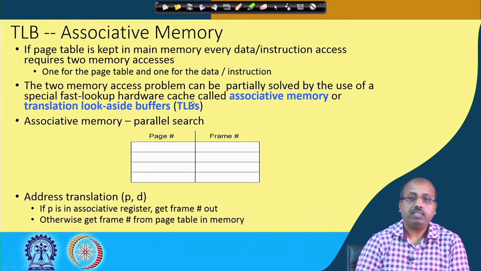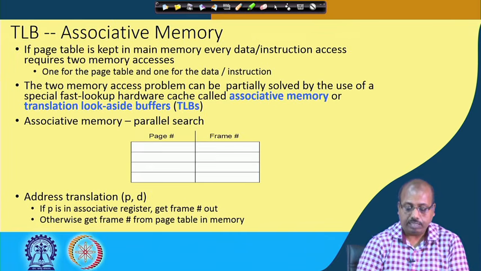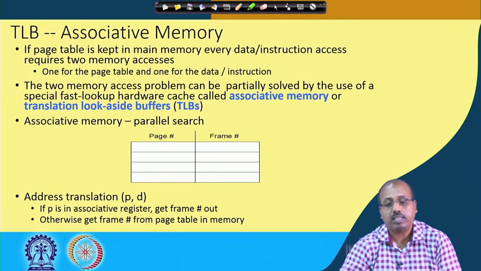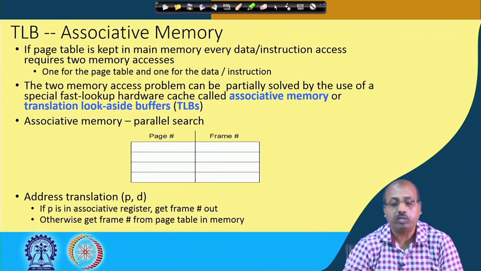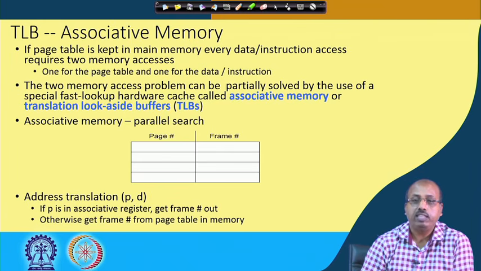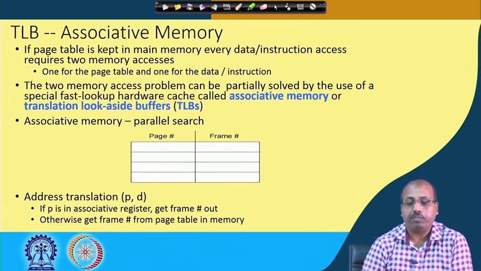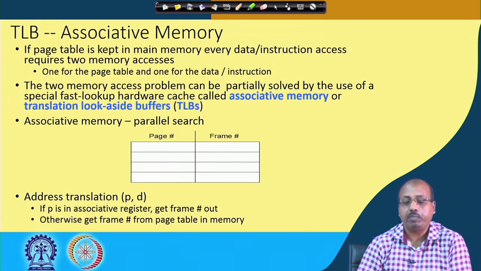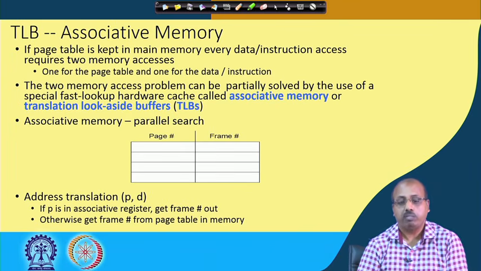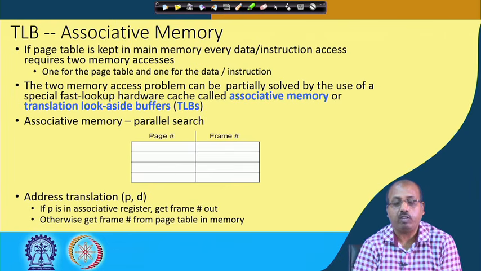Now, the difficulty with this paging scheme is what we were discussing previously: to access one particular memory location, we are accessing the memory twice, because the page table is also a part of memory. The page table can be very big, as individual processes can be quite large, and if a process has a large number of pages, then its page table is also very large.